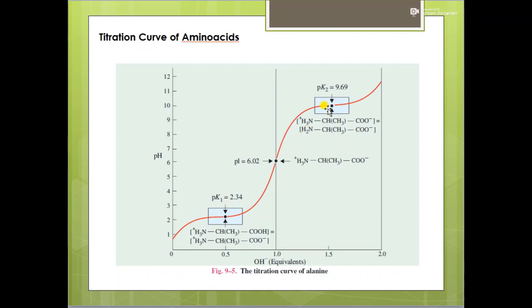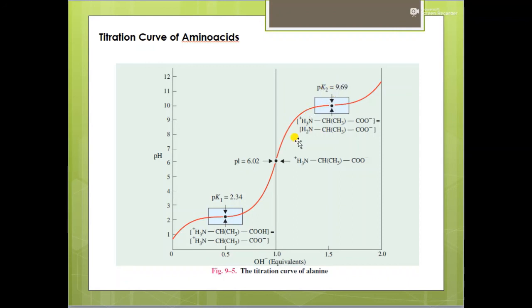And if you go towards here, when the pH is increased again, what happens? There is a stage where the proton has been removed from the NH3 plus group, so NH3 plus has been converted into NH2. So there you have a pKa for the ammonium group of 9.69.